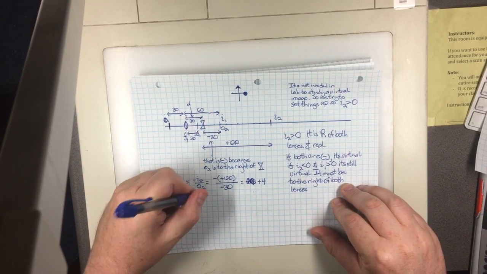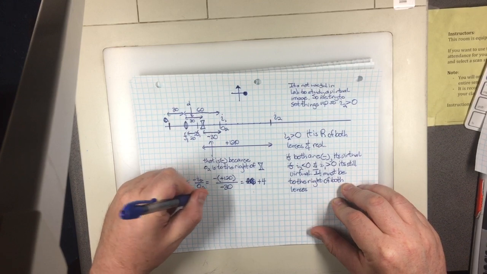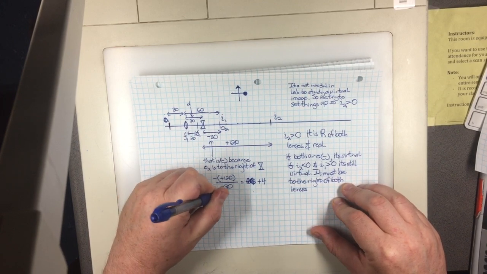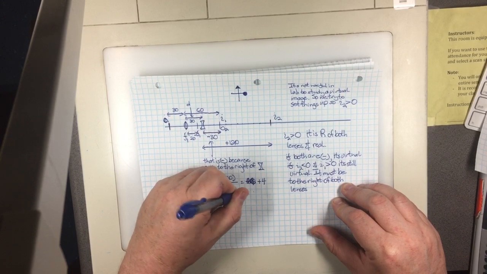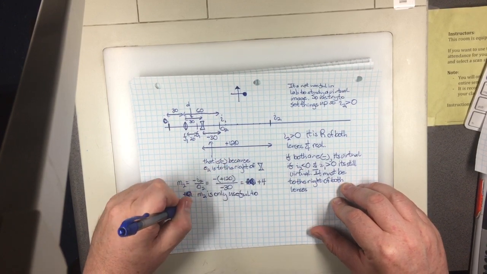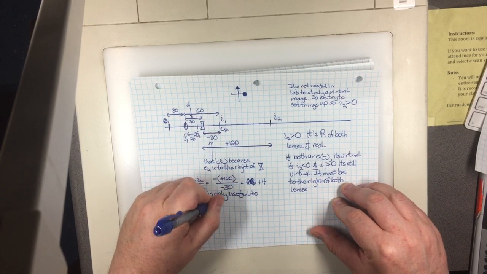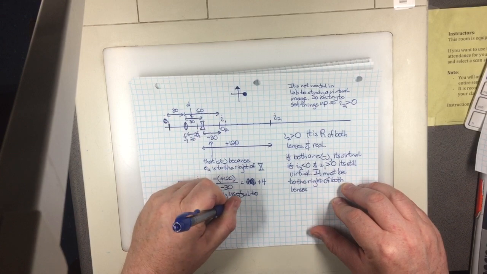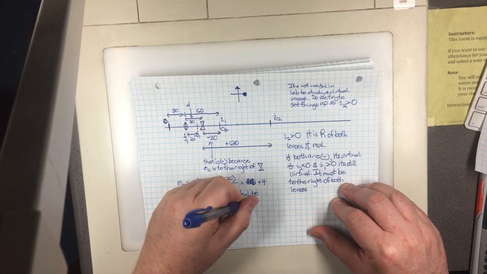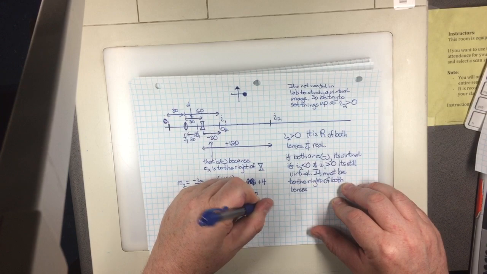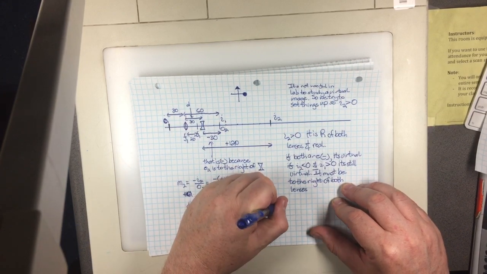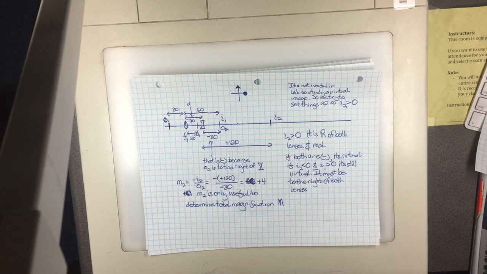All right. So M2 is only useful to determine total magnification, capital M. Capital M is the final magnification. Capital M is the magnification that determines the image overall.